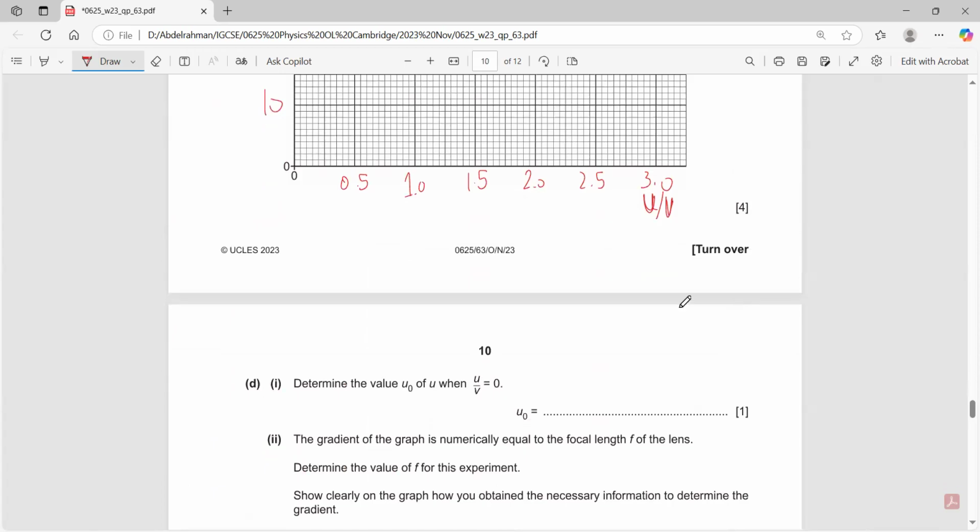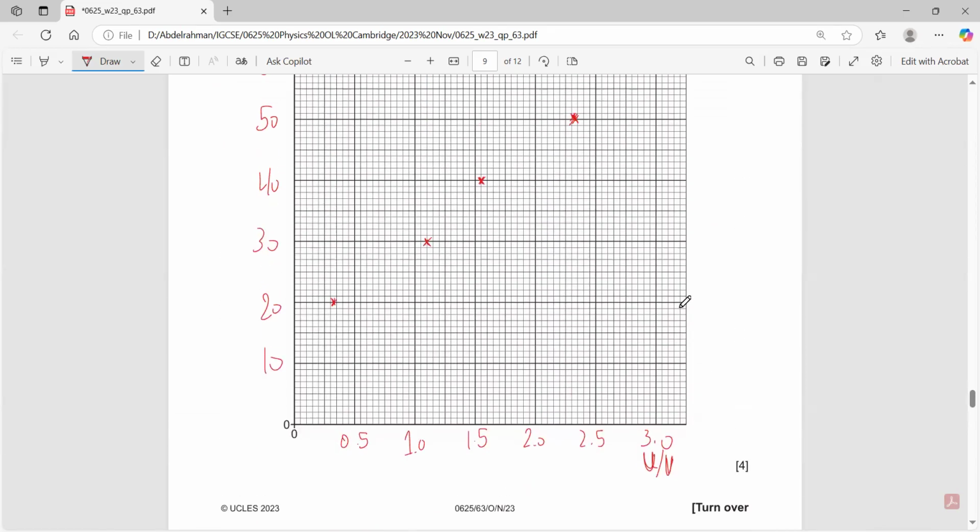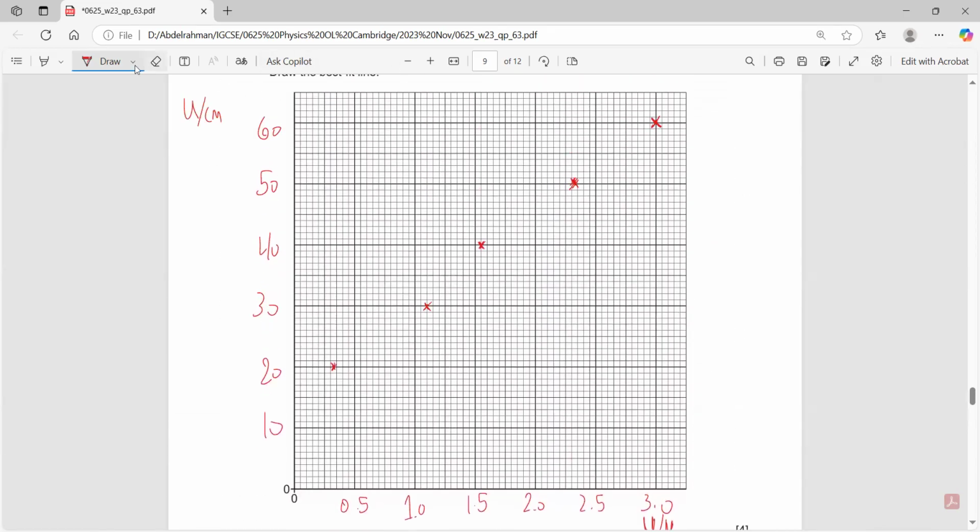I'll draw the line and then determine the value when u over v is equal to 0. So drawing the line and finding the slope.